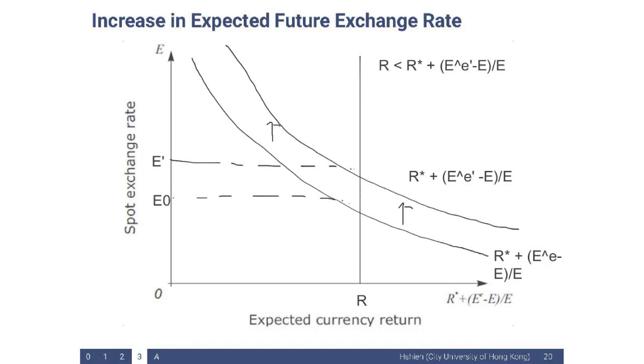So if we have an increase, fix r, you have e prime and e not.